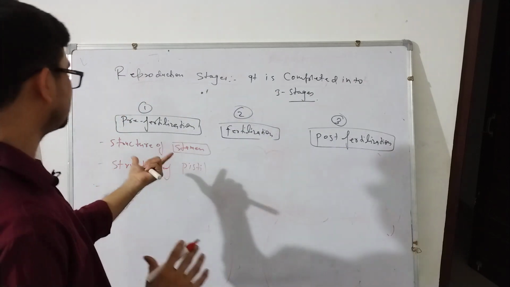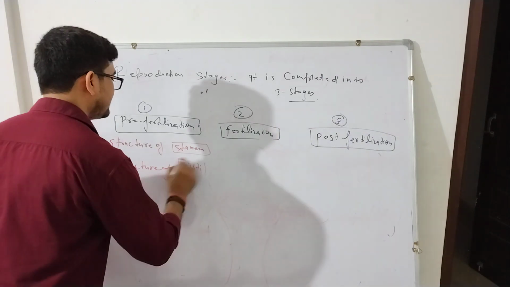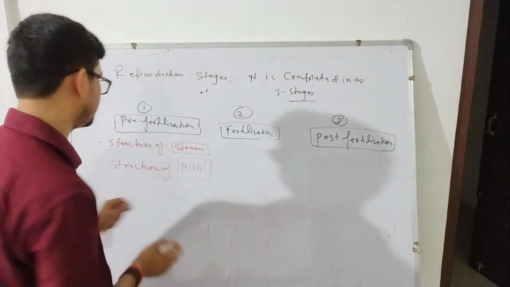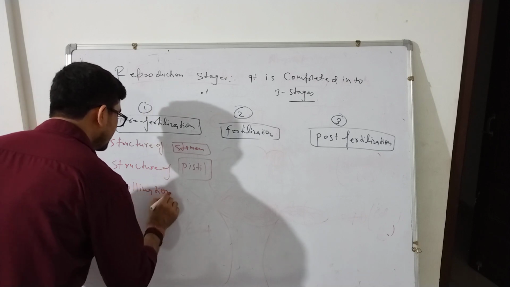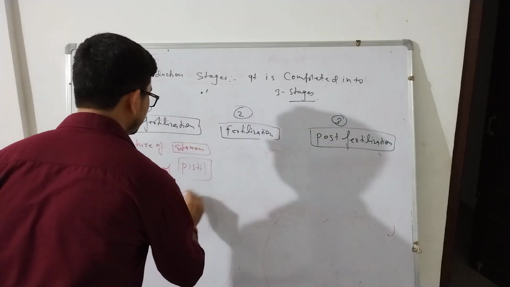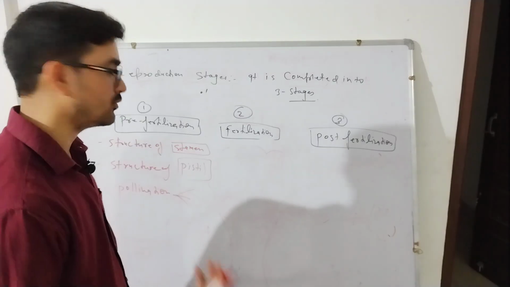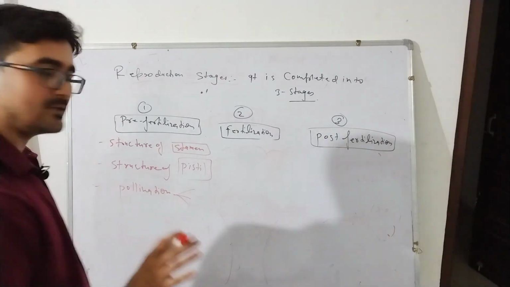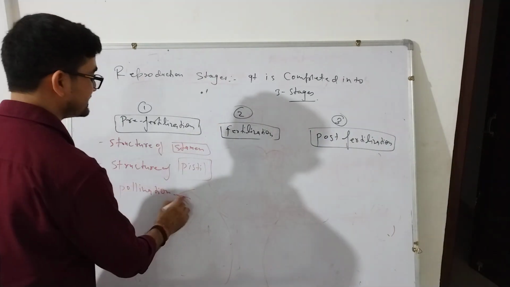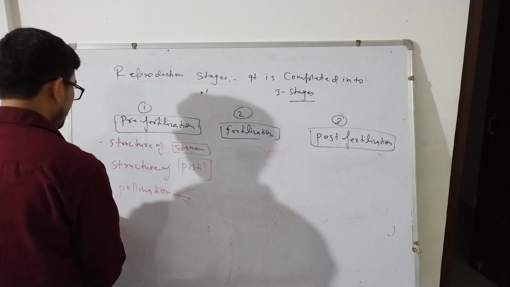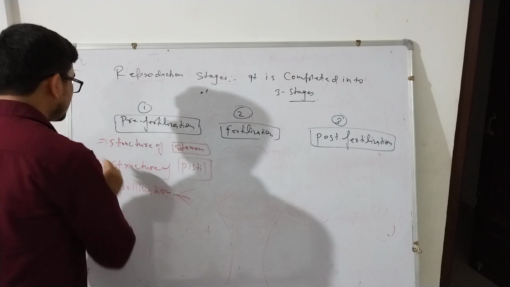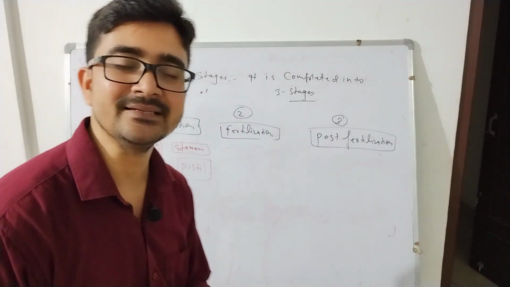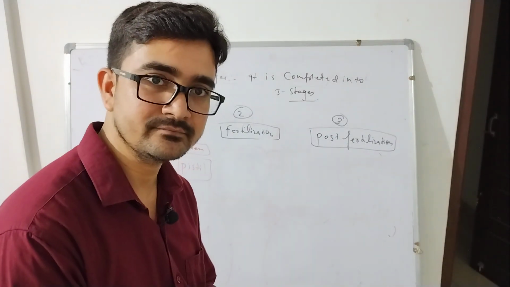Then suppose both gametes are formed. After that, pollination occurs. Pollination may be of types: autogamy, geitonogamy, xenogamy. It depends upon the condition. So pollination only occurs when pollen-pistil interaction is compatible.